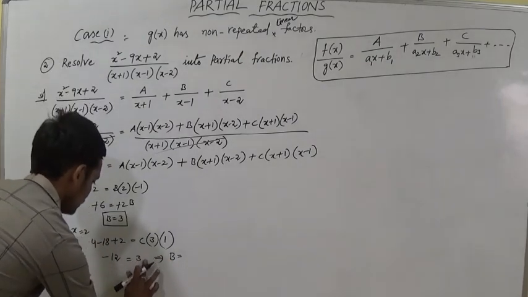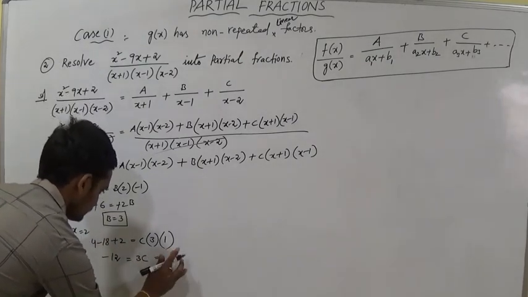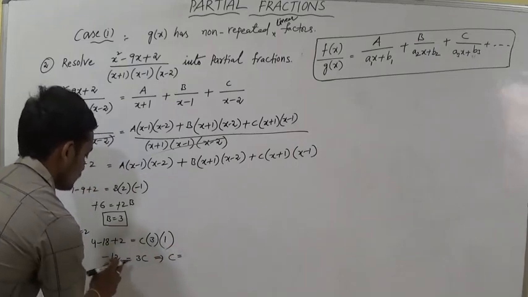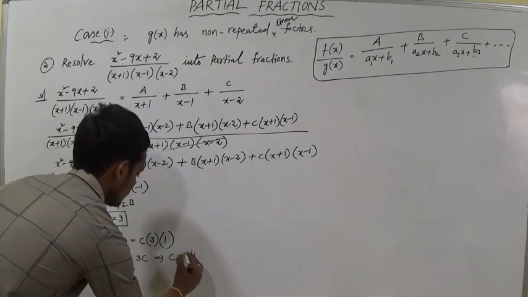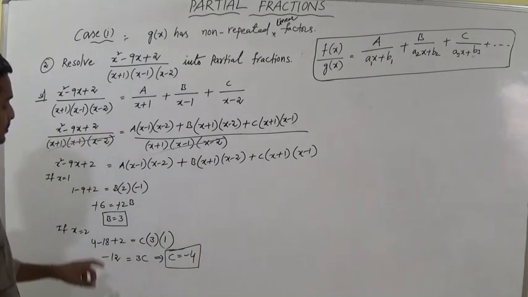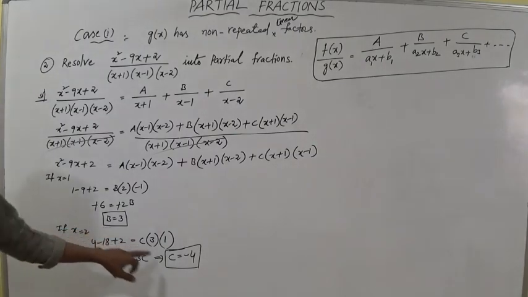Sorry, I wrote wrong here, this is C. So C is equal to minus 12 by 3, that is minus 4. So we get the values of B and C.